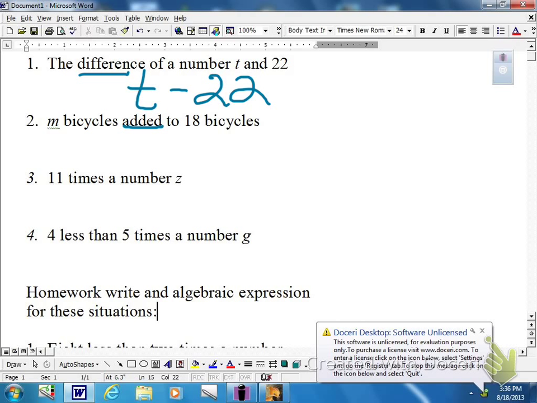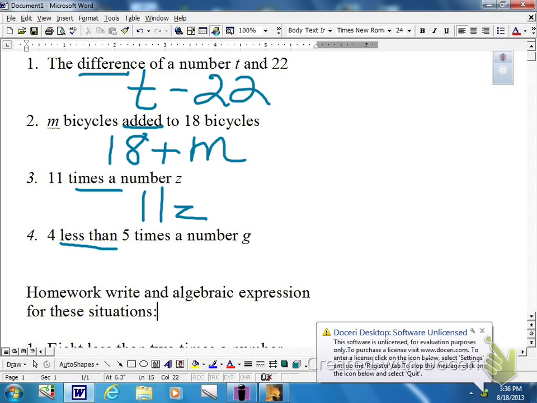Remember, it's m bicycles added to 18, so this means I have 18 first, and then I'm going to add m bicycles, however many m may be. Number 3, 11 times a number z. Remember, times means multiplication, so to show multiplication with a variable, we'll just write 11z.